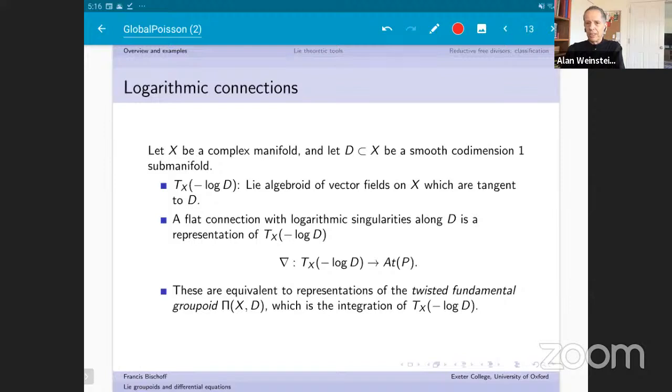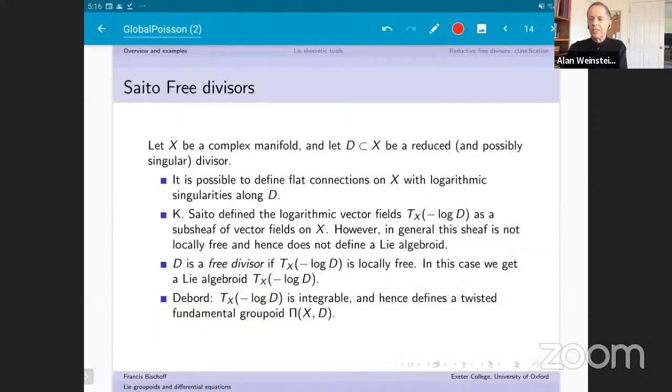And then you call the divisor free, if that's a free module. Suppose you drop the free assumption. Then we don't get a Lie algebroid, but I think one still has a Lie-Rinehart algebra, meaning that you still have this sheaf or module of vector fields closed under bracket. Is there anything interesting you can do in that more general case?